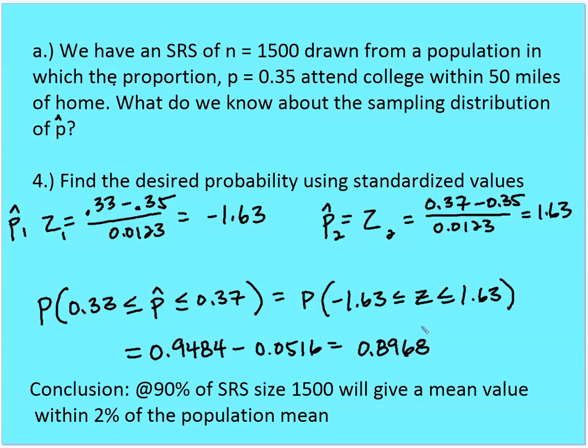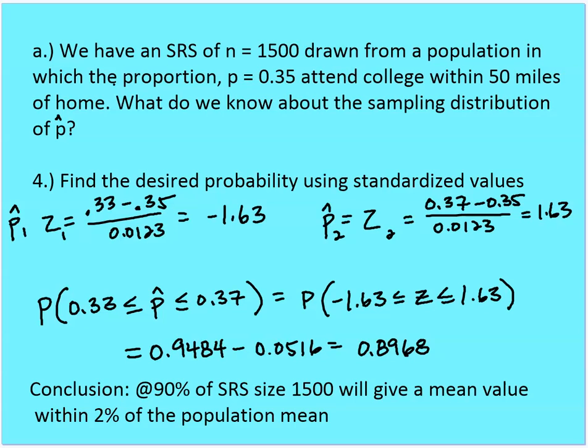Right? And so what we get is approximately 0.8968, or 90%, of samples of size 1,500 that will give a proportion within 2% of the population proportion.